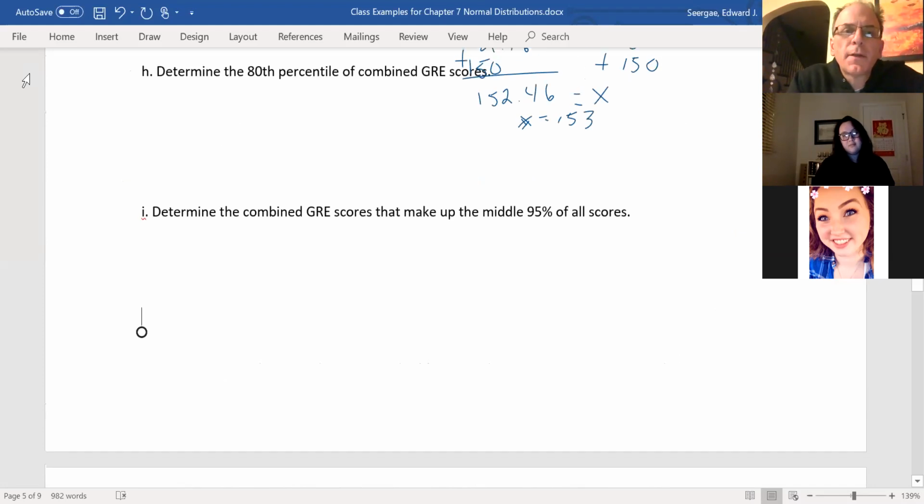Last one, where it says up there, determine the GRE scores that make up the middle 95% of all scores. Well, we know the middle 95% is about 2 standard deviations above and below the mean. So we can actually do this 2 ways. We can simply use the empirical rule.